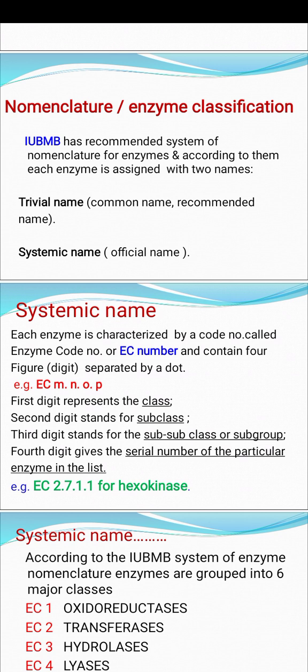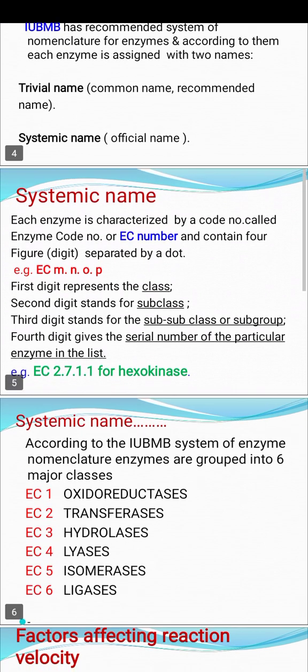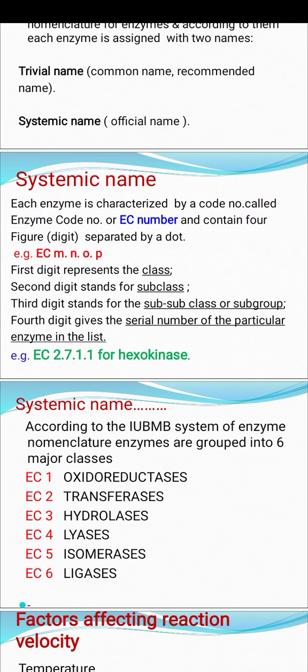EC means Enzyme Commission number, and it contains four digits separated by dots. The number is assigned to each enzyme representing the class, subclass, sub-subclass, and the individual enzyme.